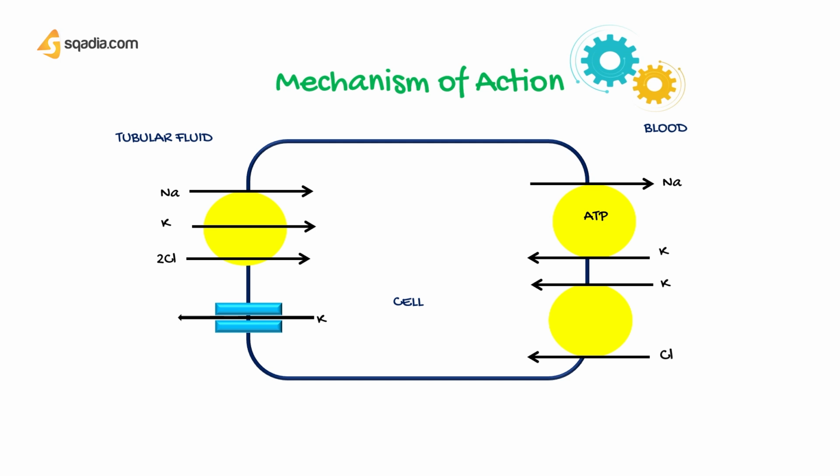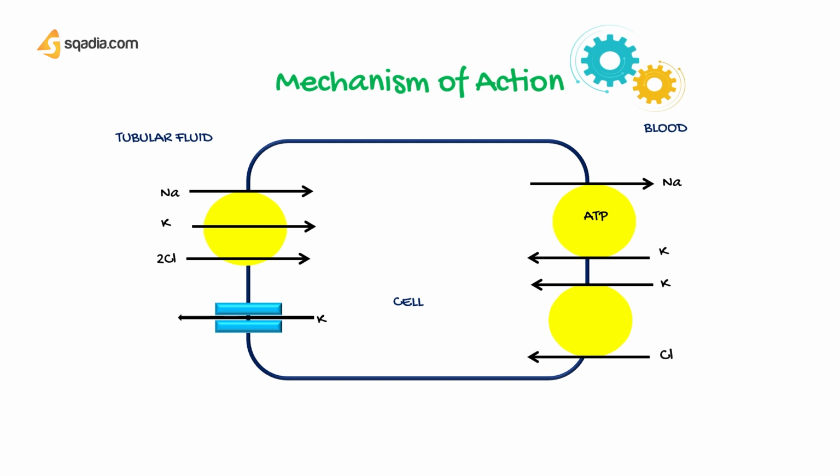Therefore, the drugs which target this part will be the most efficacious of all the diuretics. So that's why the loop diuretics are most efficacious, because they will target the major site of solute reabsorption in the cells of the kidneys.